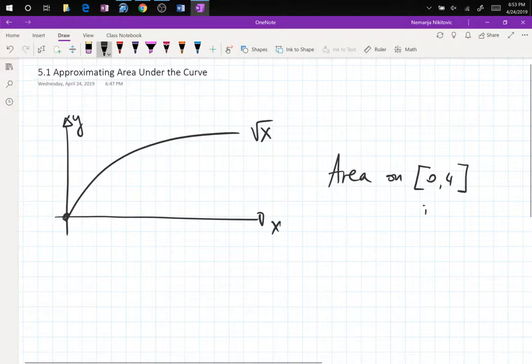Now, this is interval, meaning x1 and x2. So, I'm going to make these rectangles at 1, 2, 3, and I'm just going to end at 4 because that's where the story ends.